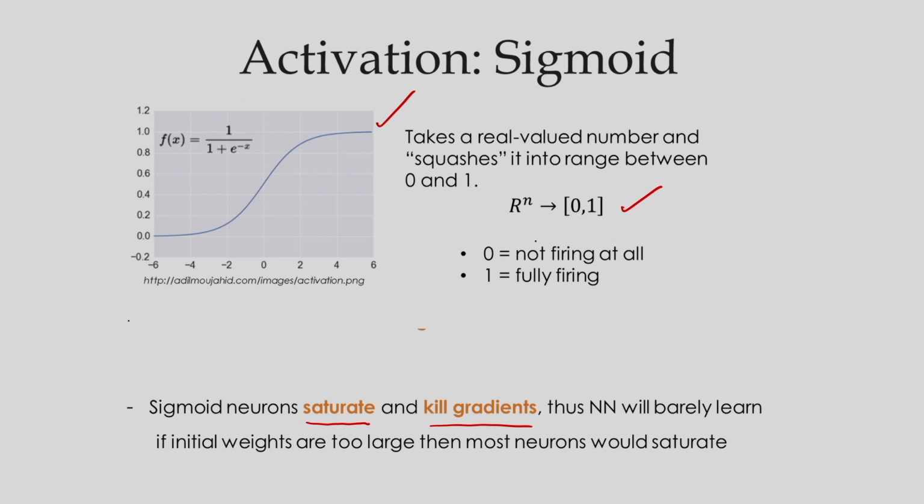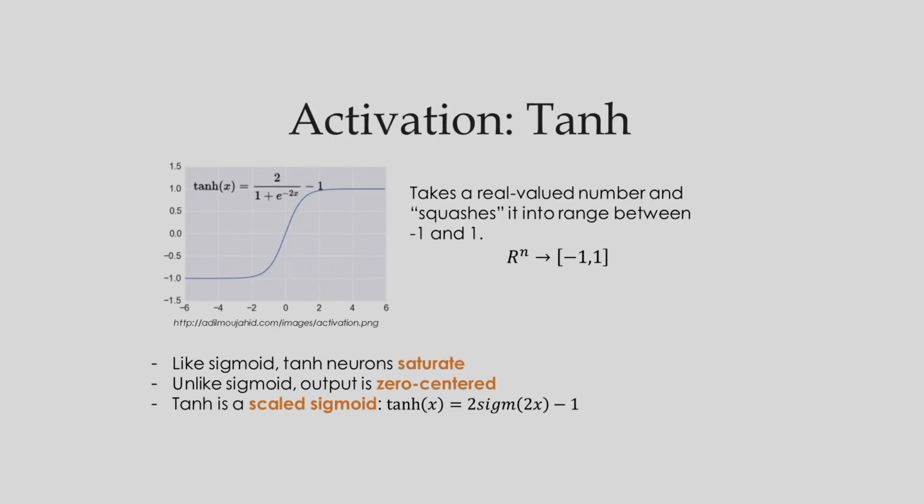So if I apply the sigmoid function, it will saturate and kill the gradient during the training. And if the initial weights are too large, then most of the neurons will be saturated. So that is the main problem of the sigmoid activation function.